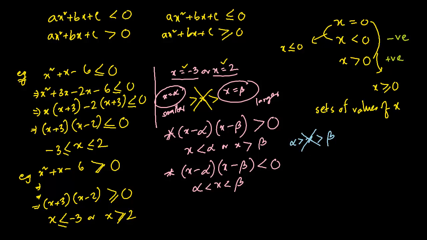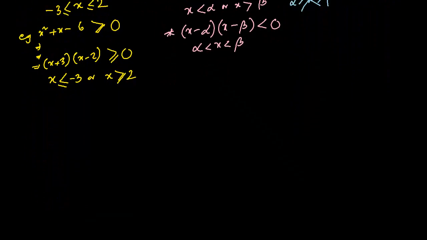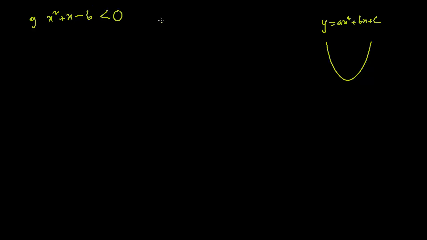So let me show you what it looks like. If you think of solving this in a different way, you can think of what the Cartesian quadratic equation looks like. If you write y equals ax squared plus bx plus c, the Cartesian graph looks like a parabola like this. Now one way of thinking of this is, if you have this question x squared plus x minus 6 less than 0, it means this parabola cuts the x-axis at 2 points.